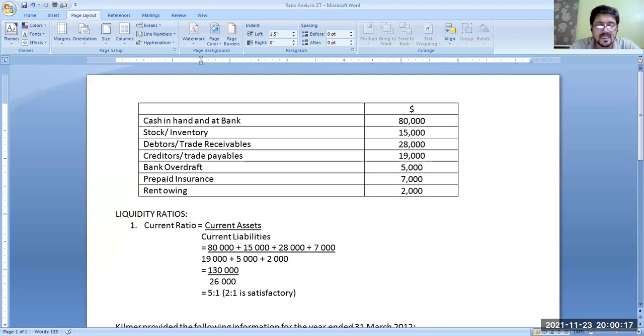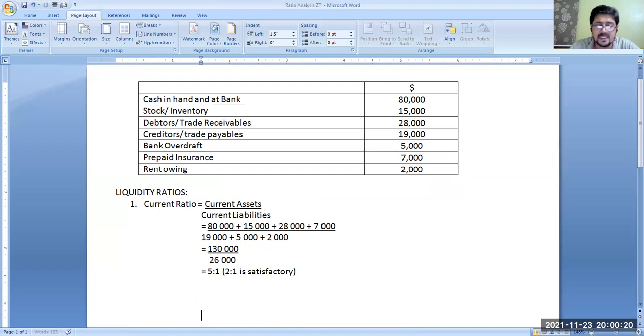Now, the second liquidity ratio we have in our CIE is quick ratio. Quick ratio is also sometimes called acid test ratio.